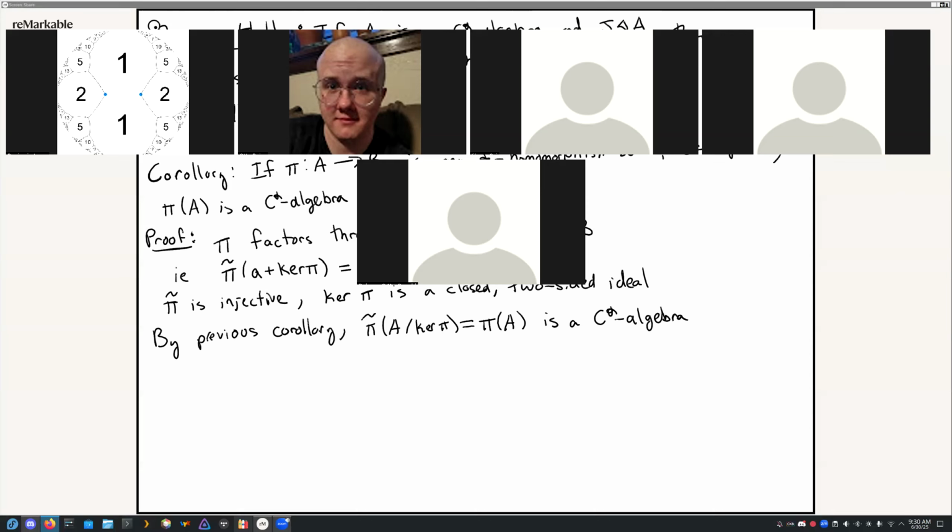Okay, so like I said, the proof of theorem 4.11 uses this tool called an approximate identity. So now I'm going to tell you what an approximate identity is.